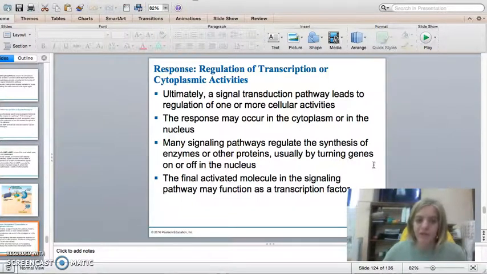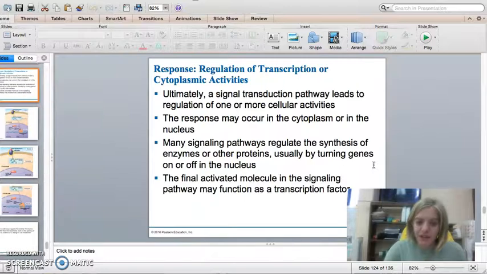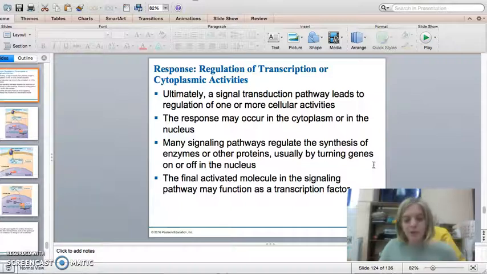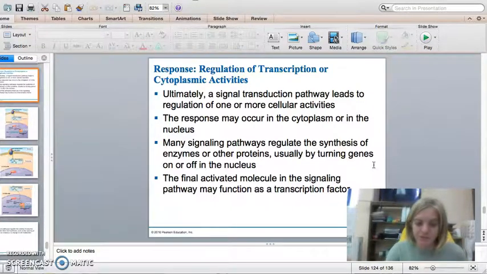If you think about our transcription factors, those are perhaps the results of a long transduction pathway, and that transcription factor helps regulate the expression of different genes. We also might regulate protein activity, for example proteins outside of the nucleus, telling them what to do. So either making proteins or regulating how they behave.